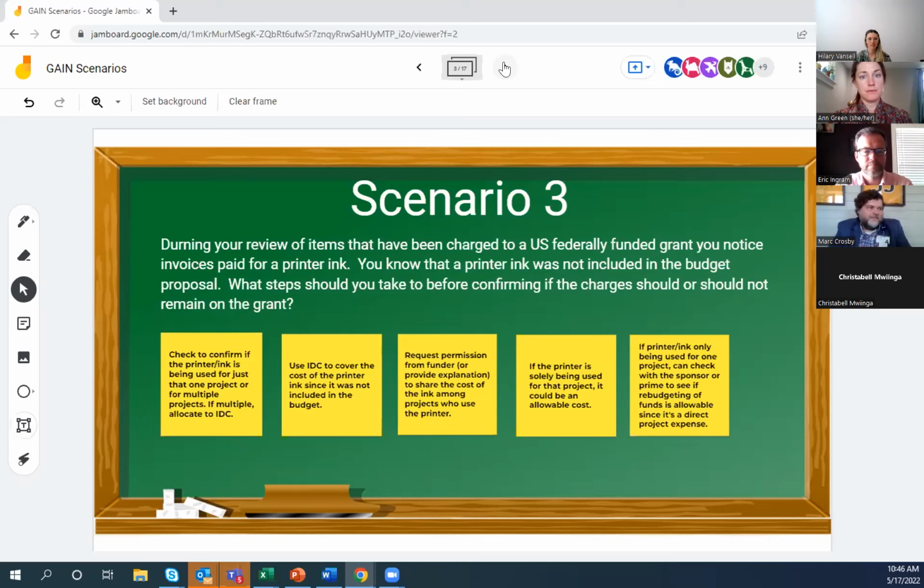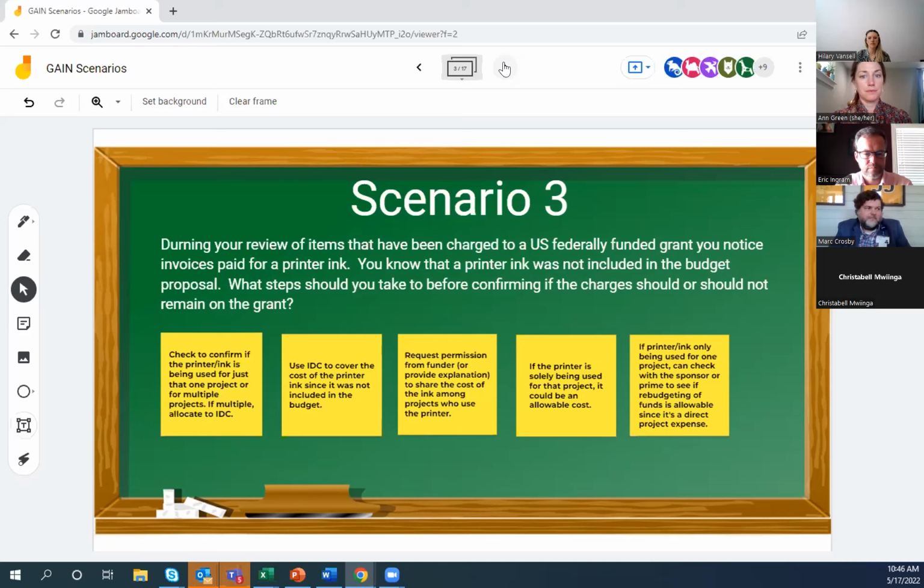So what steps are we supposed to take before confirming if the charge should or should not remain on the grant? We agreed the first stage is you go back to the grant proposal to ensure that you are really correct in the decision that you make.